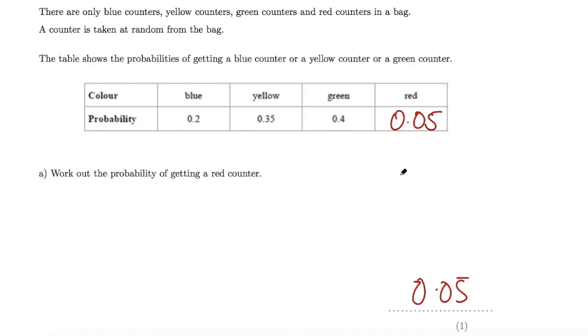So what's the smallest possible amount of red counters we could have in the bag? That must be 1. So if there's a 0.05 chance of picking a red counter and there's 1 counter in the bag, we can multiply that number by whatever it takes to get the probability of blue.